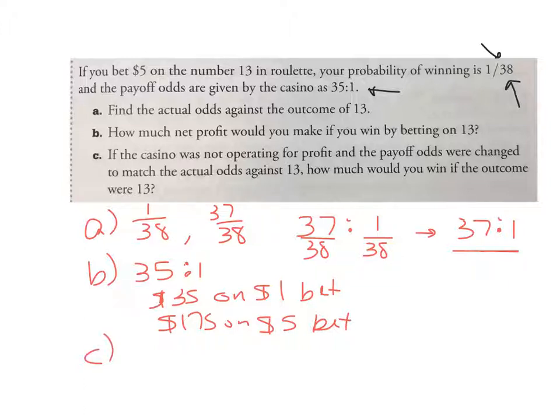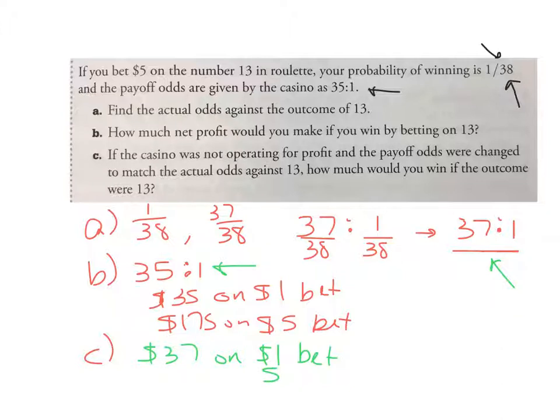Part C, if the casino was not operating for profit and the payoff odds were changed to match the actual odds against, how much would you win? So the casino sets these odds, 35 to 1. The real odds are 37 to 1, which means if they went by the real odds, you'd win $37 on a $1 bet. And of course, most people bet more than $1.